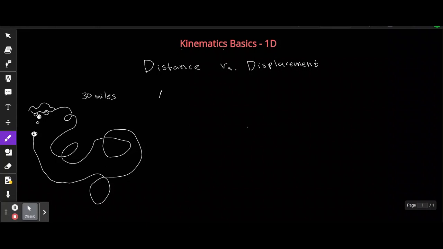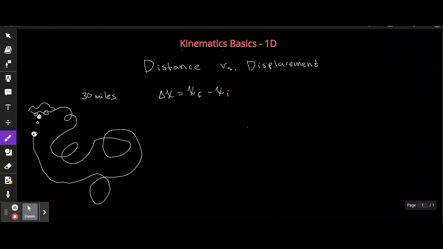Displacement is represented with delta x, and it's found using the final position minus the initial position. That shows us that displacement is a vector quantity and distance is a scalar quantity. Displacement, once again, is final position minus initial position, telling us the change between these two positions of the car.